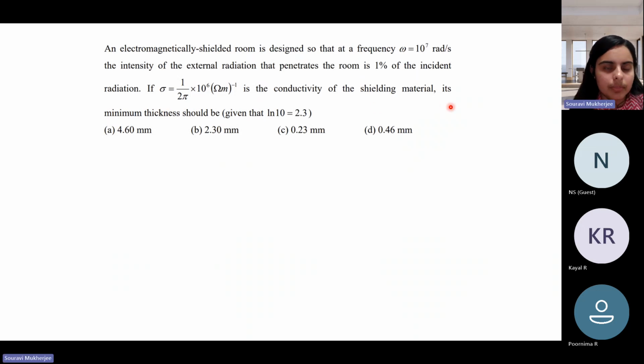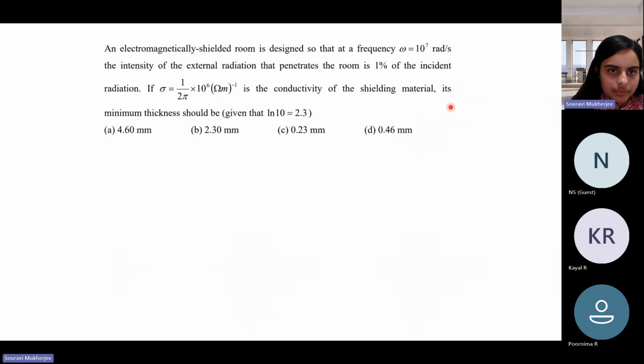So what should you make use of here? You should make use of the fact that when there's some conductor, what is this shielding actually? The electric field gradually attenuates in an exponential manner as it enters into a metal or a conductor, right?